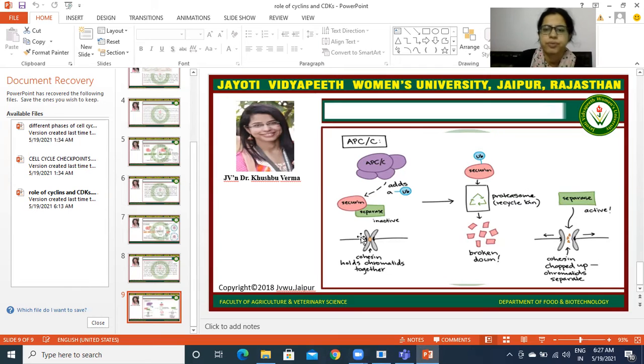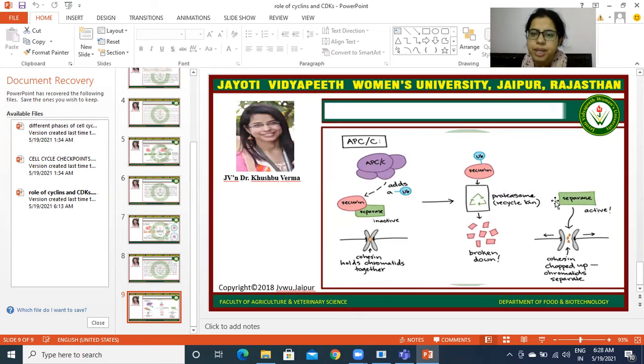So that's how the anaphase promoting complex or cyclosome works. They basically degrade the securin by adding ubiquitin to it. After adding the ubiquitin, this securin will be degraded or broken down by the proteasome. After the degradation of securin, this separase will be free and activated.